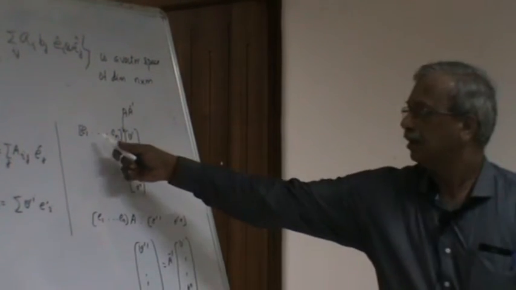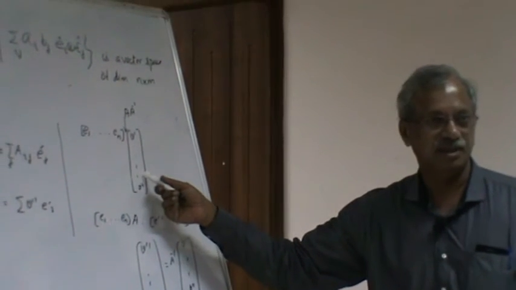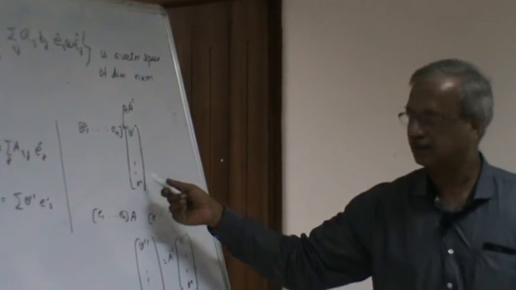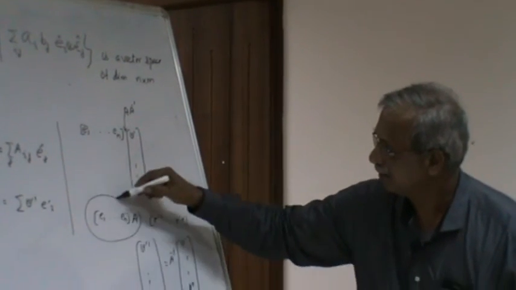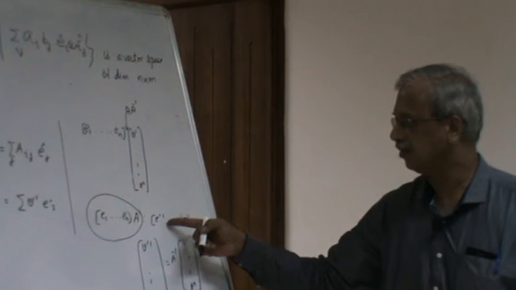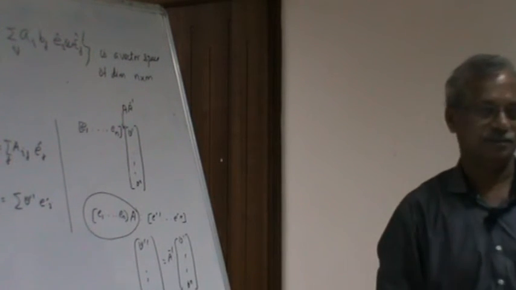If you look at this, E1 V1 plus E2 V2 etcetera, that's what the vector V is. So think of the new basis vectors in this particular way: E prime 1, E prime 2, etcetera, E prime n is given by this one. Then you get this. Okay?